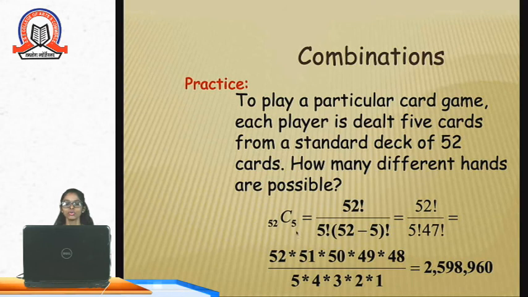Then we select only the 5 cards for that particular game. Put in formula: 52 factorial divided by 5 factorial multiplied by (52 minus 5) factorial. 52 minus 5 factorial, we get 47 factorial. Factorize 52 factorial up to 47 factorial. Divide them and multiply the remaining terms. You will get the answer.